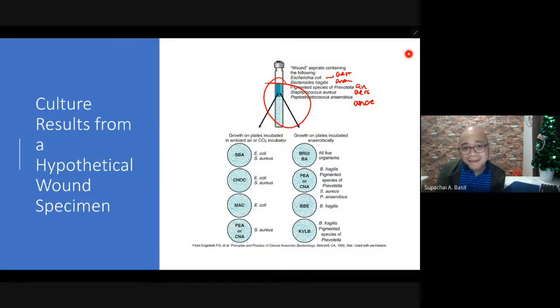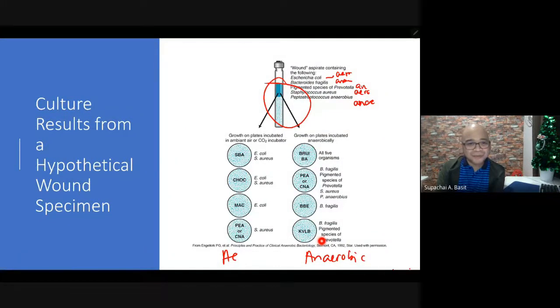Meaning to say, since it has two kinds of bacteria, aerobic and anaerobic, your cultural methods also need to be of two kinds. So this is the aerobic cultural method and this is the anaerobic cultural method.